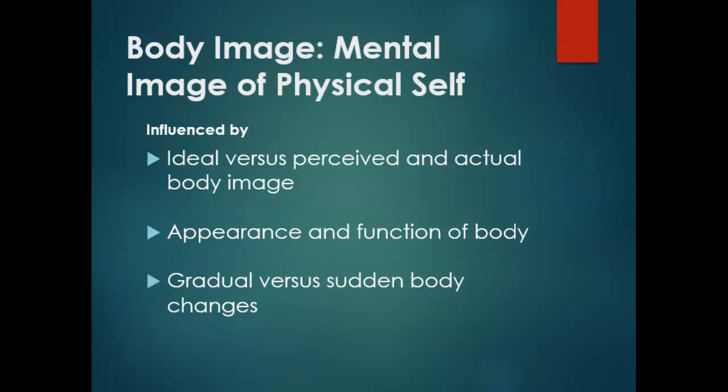For example, people with eating disorders, anorexia nervosa and bulimia nervosa, see themselves as fat even when their mirror reflects and other people see a normal or even an emaciated body. The closer the match between a person's ideal body image and sensory input about his or her body, the more positive the person's body image is likely to be.